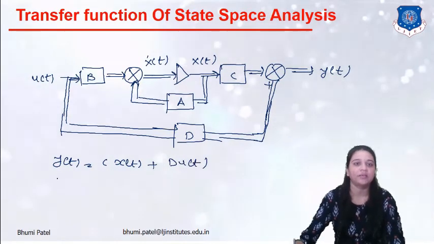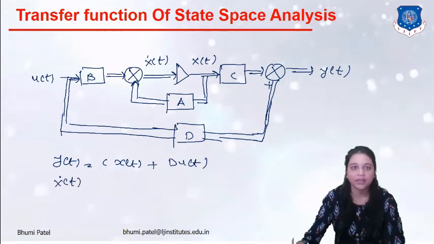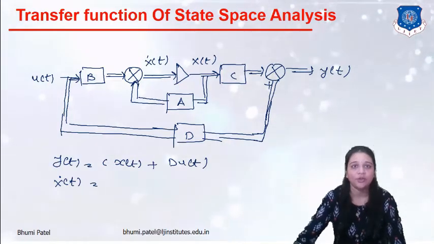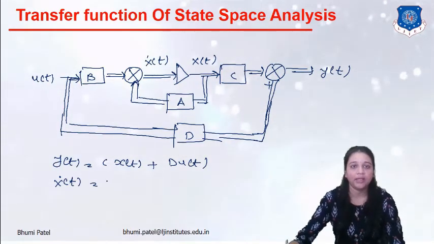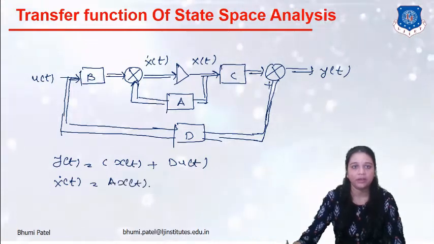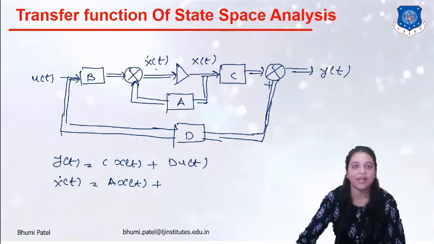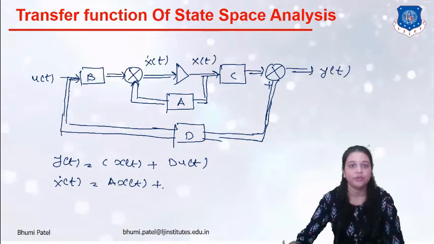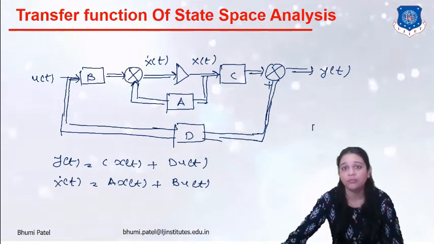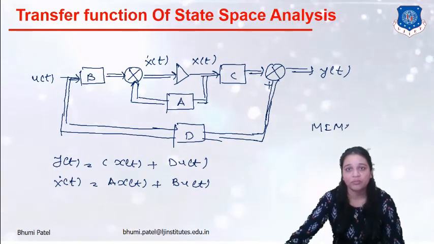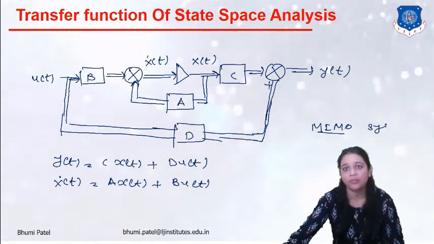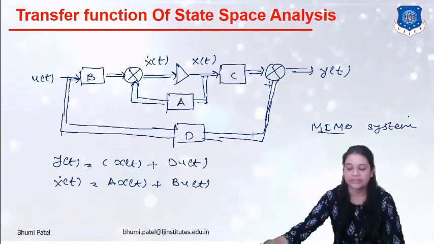And the state equation x dot t is equal to, here you can see, A x of t plus B u of t. So this is my block diagram of the MIMO system. Now what is the MIMO system? It is the multi-input, multi-output system.